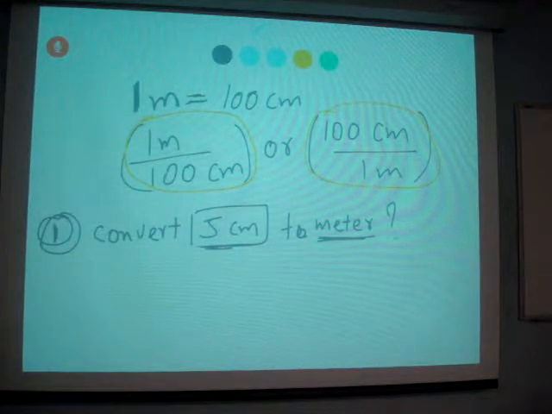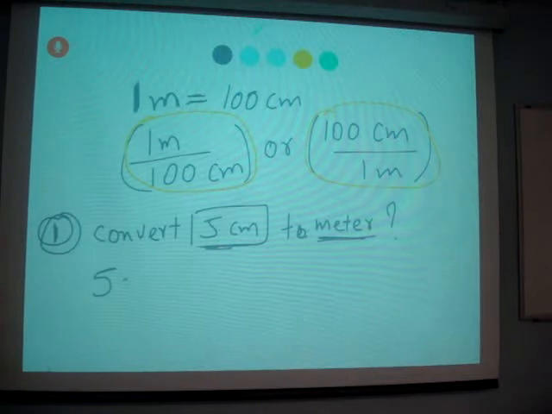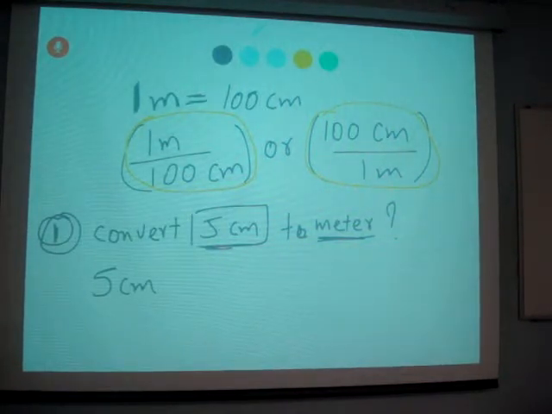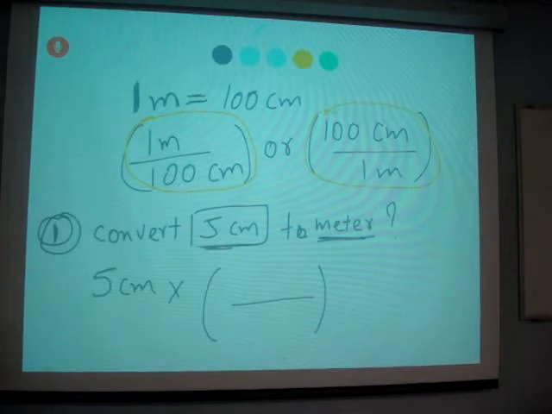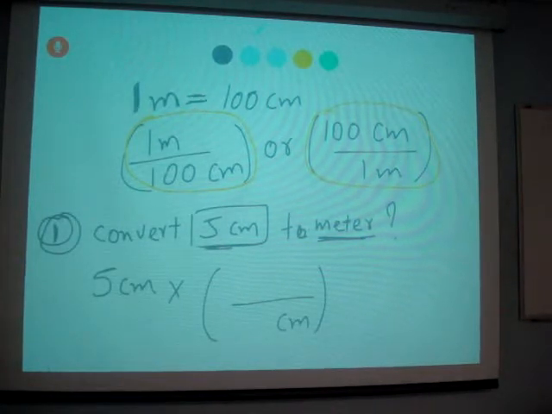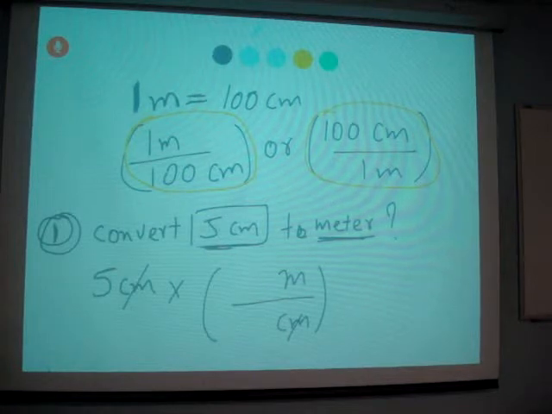So let's start with this: if we have 5 centimeters, that's the given unit, right? Centimeter is the given unit, and we need to select the unit factor which has centimeter at the bottom. Why do we need to select centimeter at the bottom? So we can cancel it, and we need to convert into meters, so meter should be on the top, right?